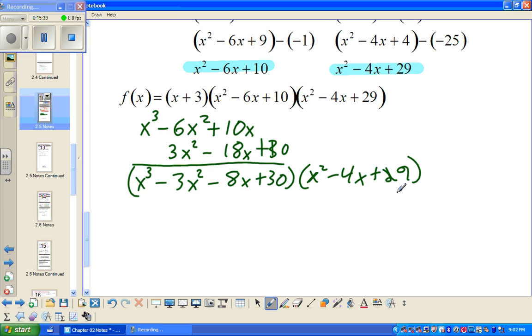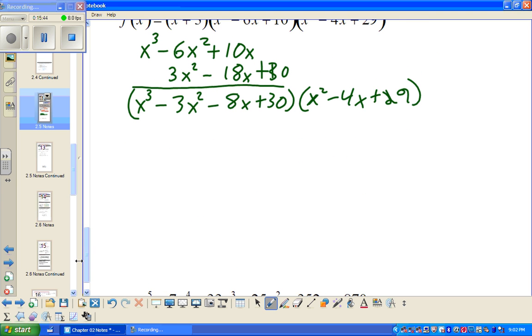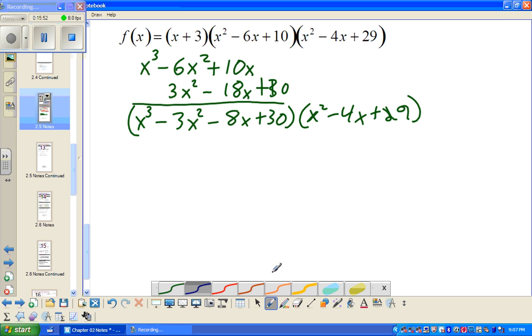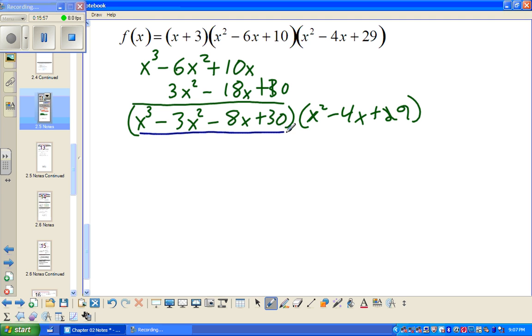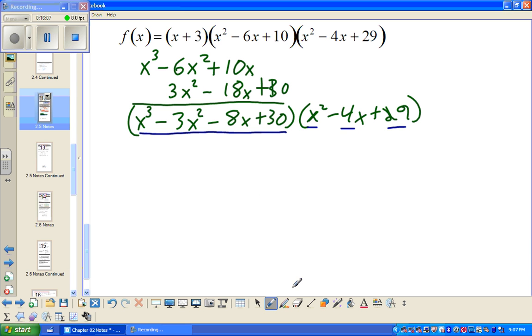And now I would do the same exact thing again. So I'll do this next step a little bit more quickly here. This time I would multiply everything in the first polynomial by each term in the second polynomial one at a time, leaving everything in the appropriate columns, just like last time. So here goes. I'm going to take x squared times everything first.